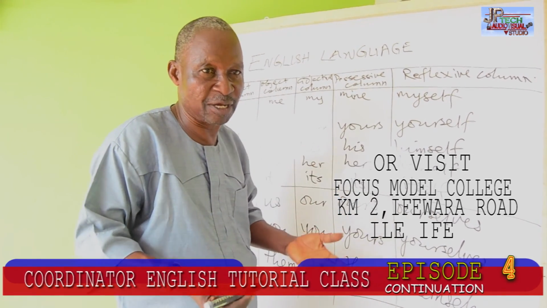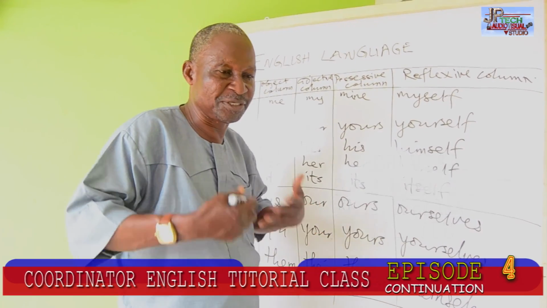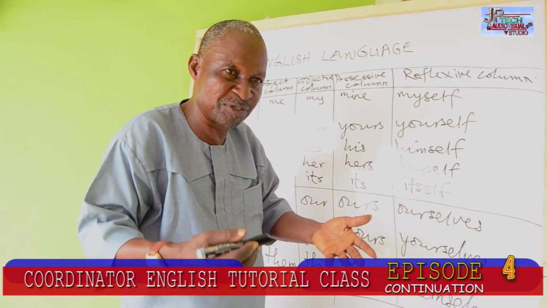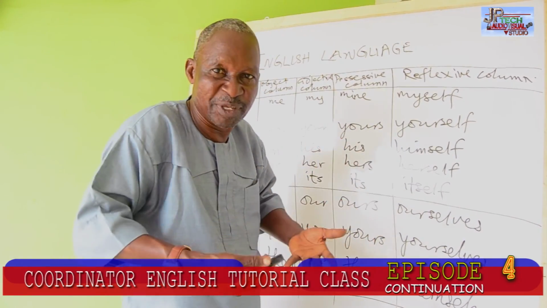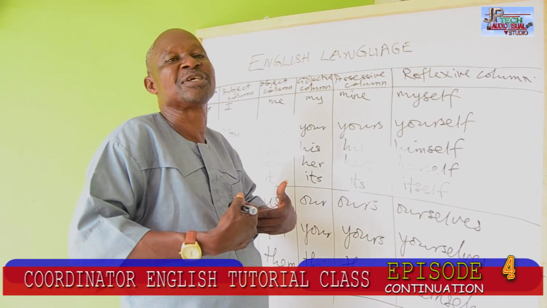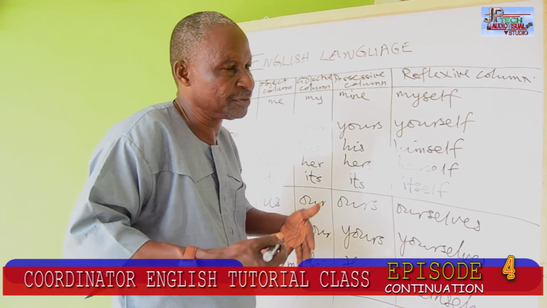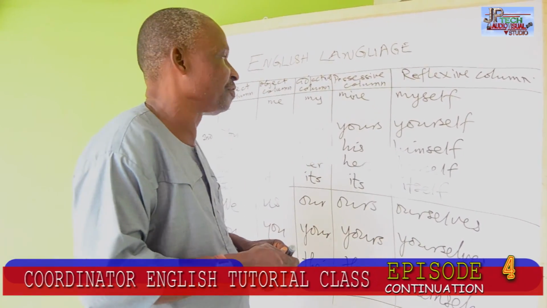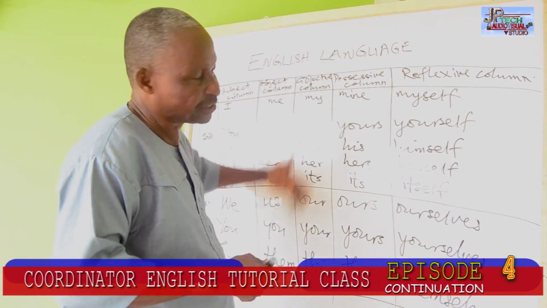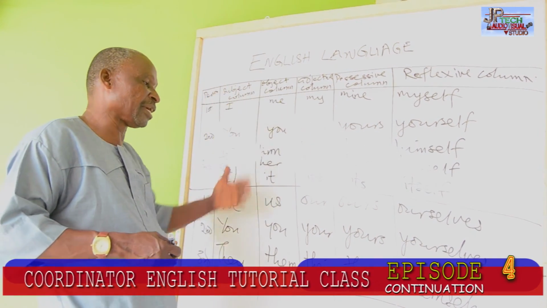I love myself, because the love does not go from me to another person, but the love emanates from me and it descends on me. So that love is referred to as a reflexive verb. Personal pronouns. Please pay attention.